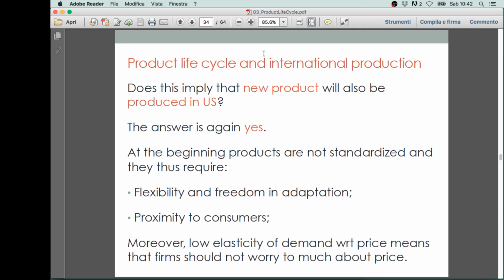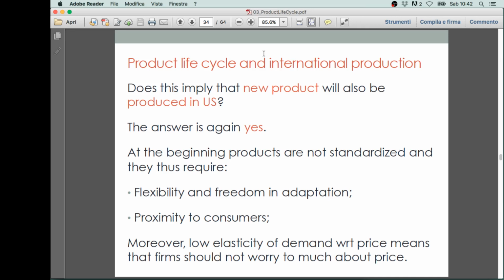This means that firms should not worry much about the price of new products because a change in price will not affect the size of the demand in a significant way.